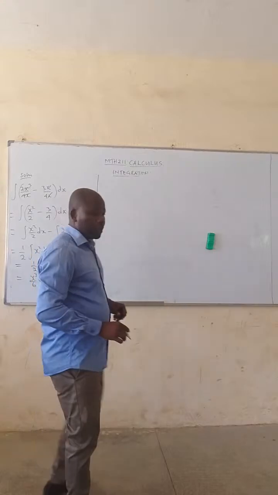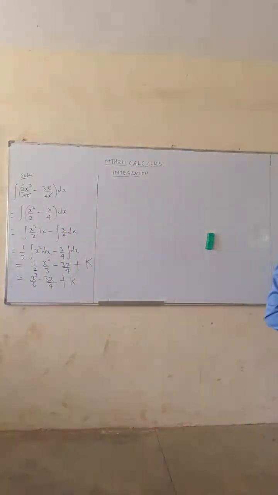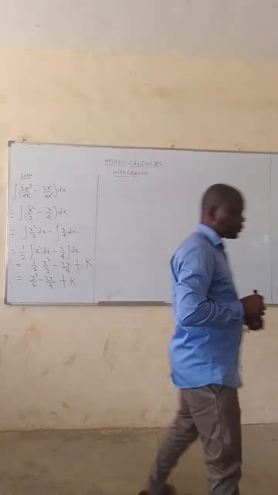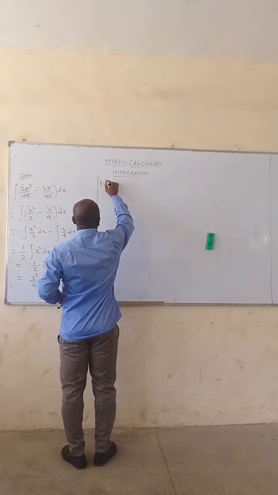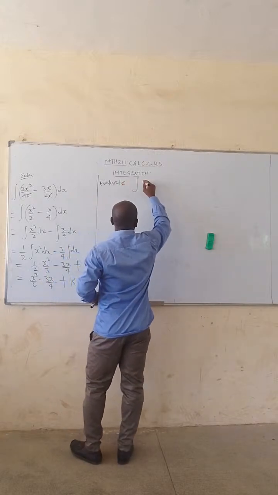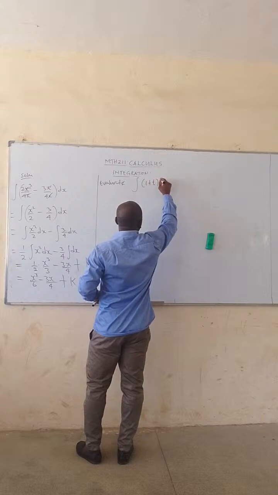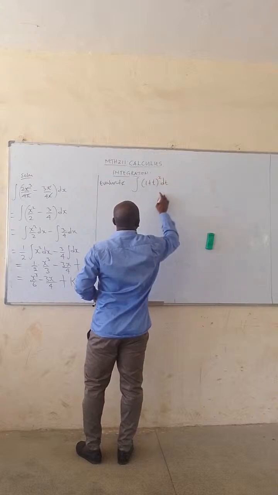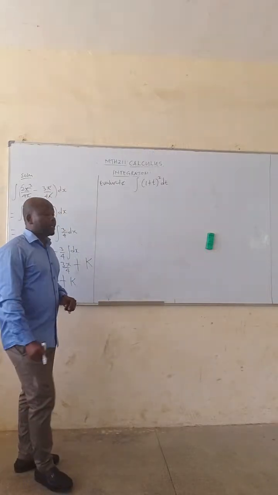Okay, let's consider examples. Evaluate the integral of (1 plus t) all squared, with respect to t. It is simple as ABC.